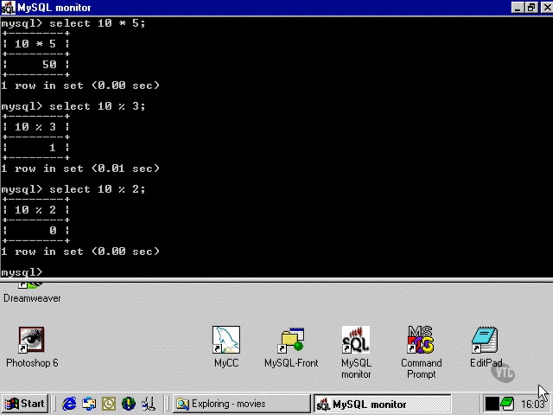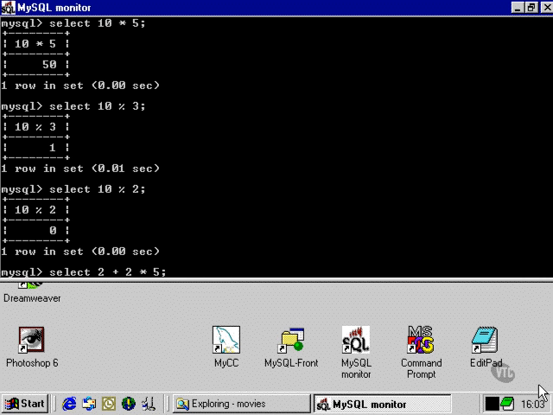So, apart from the modulo operator, which you may not have come across before, all the others work pretty much as you might expect. Confusion can arise when we're trying something such as this. 2 plus 2 times 5. There is a little ambiguity here.